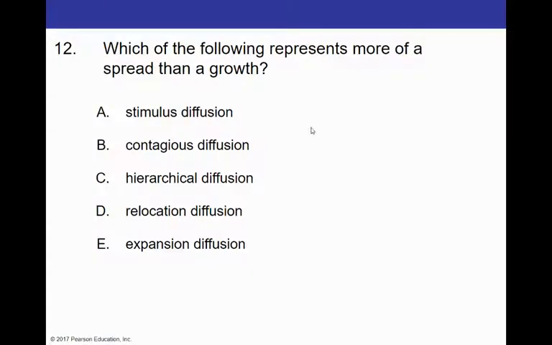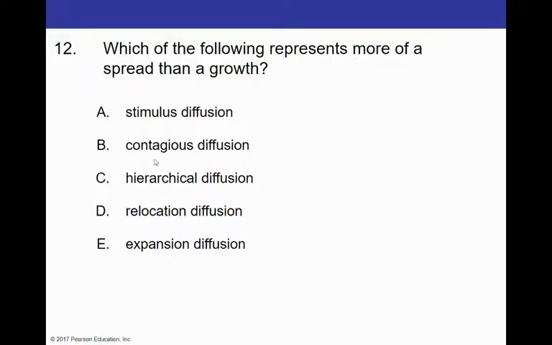Okay. Number 12. Which of the following represents more of a spread than a growth? Which one of our diffusions really spreads across an area rather than just grows from one central location? If you notice these answer choices, as long as you know the definitions to these words, you should have got the right answer, because stimulus, contagious, and hierarchical are all versions of expansion diffusion.